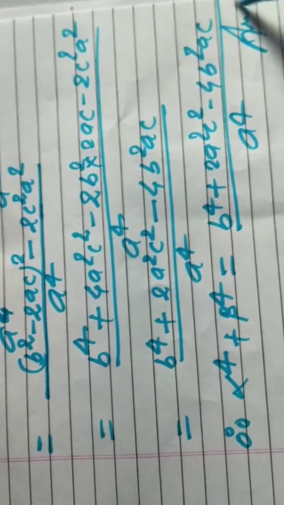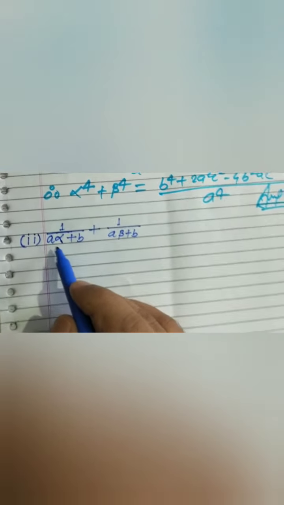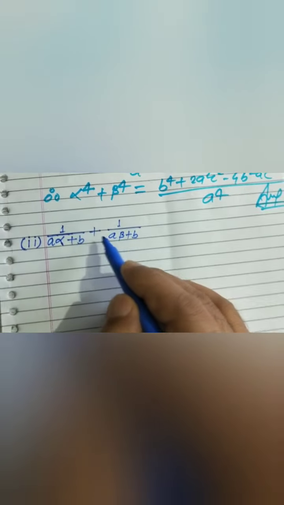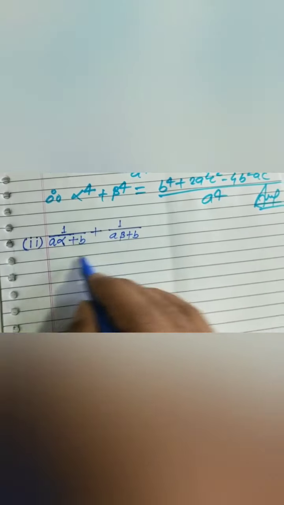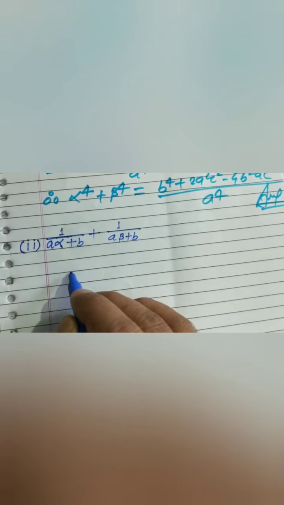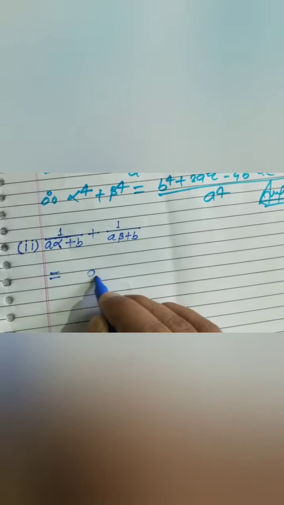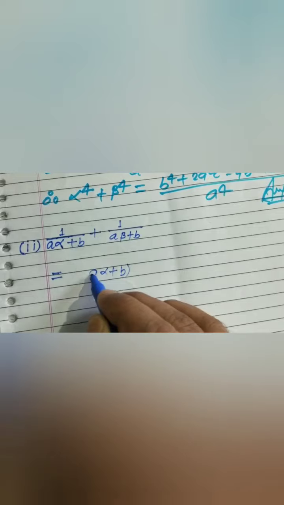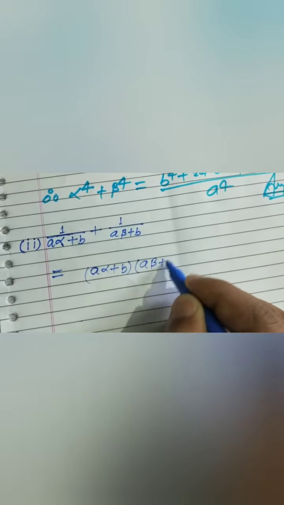This is your answer. Now let us find the value of second question, which is 1 by a alpha plus b plus 1 by a beta plus b. So first take the LCM of a alpha plus b and a beta plus b, which will be a alpha plus b into a beta plus b.